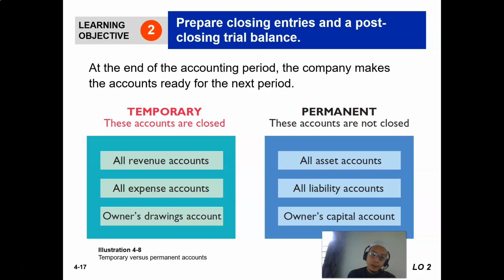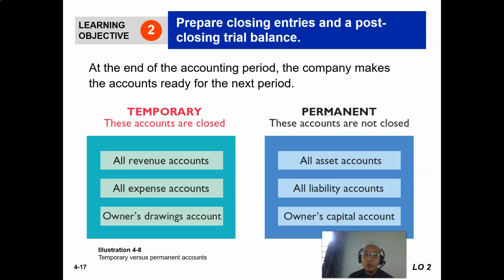Based on what we have mentioned in our previous lectures, the business makes the assumption of time period. The business will break up time into periods so that they can make their reporting.